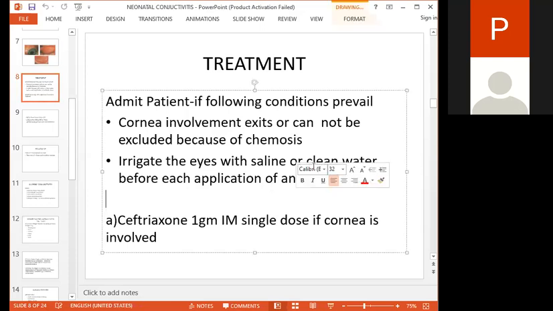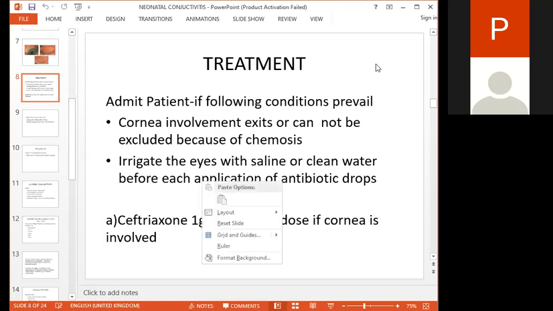I think this is the most important issue to look at. You don't just start going in. Open the eyelids, irrigate to remove the excess pus, then put antibiotics. I use eye drops myself. I prefer gentamicin, and it's quite good.